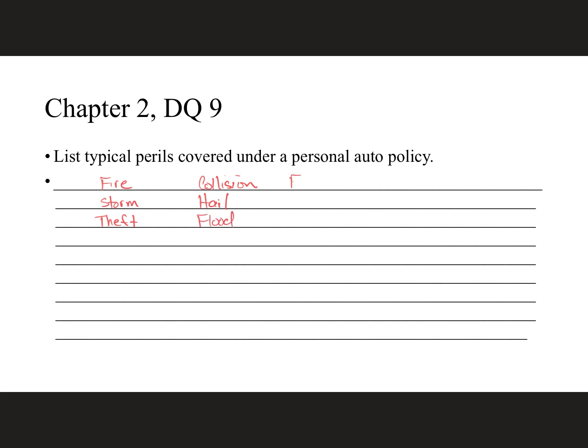We have falling objects, earthquake. And last, I'll put on here windstorm. Okay, so 9 different perils covered under a personal auto policy.